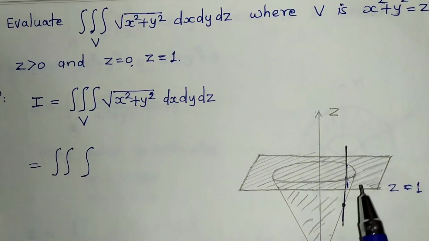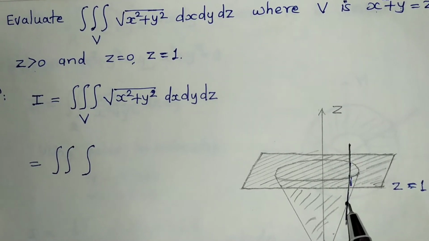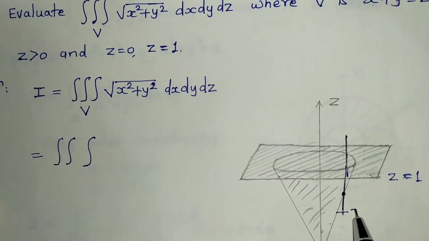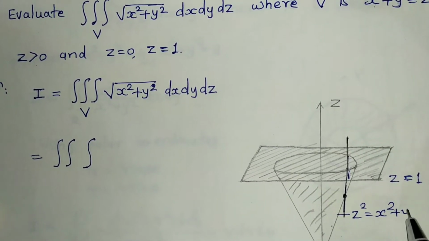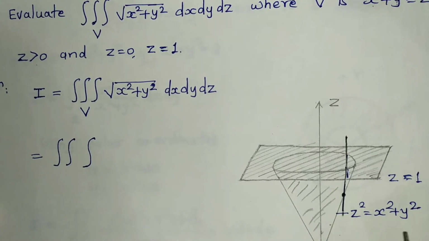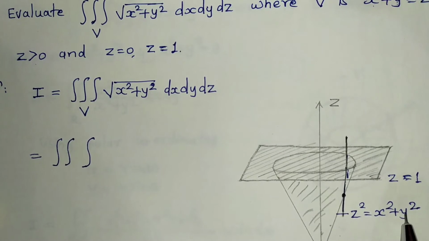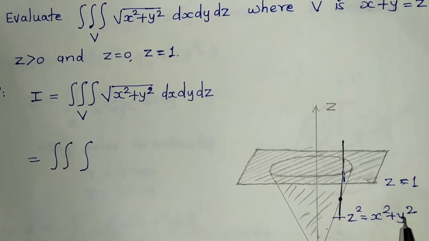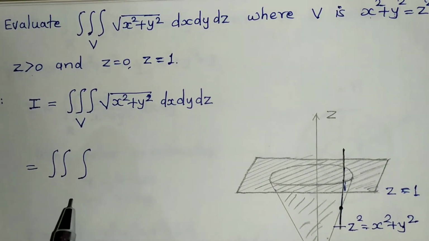The lower end of this straight line intersects the right circular cone, whose equation is z square is equal to x square plus y square. Solving this, you will get z is equal to root of x square plus y square. Since z is positive, it lies above the z is equal to 0 plane.